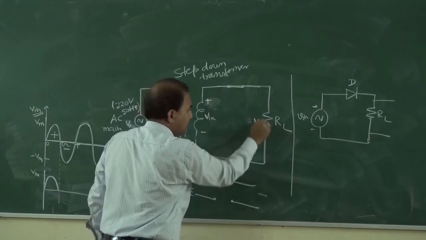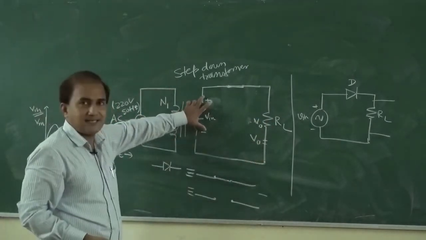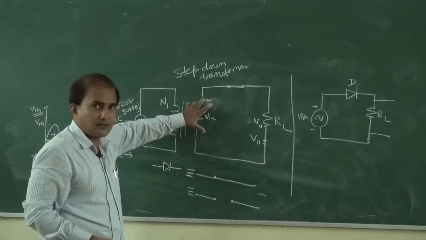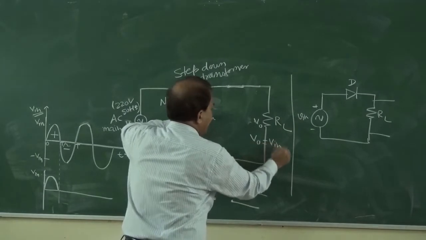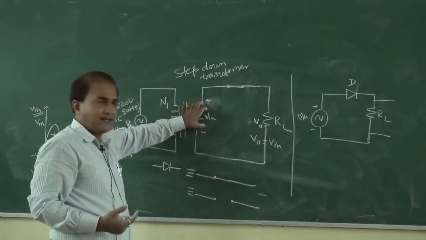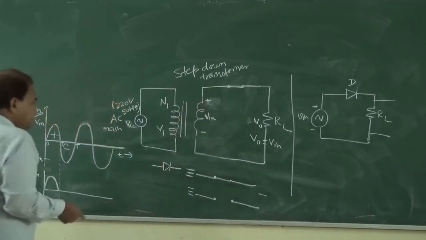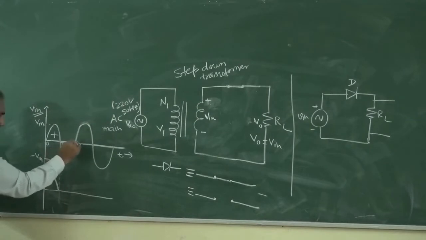All the voltage, V output, will be equal to the voltage appearing across this. So V output will be equal to Vin, the secondary voltage, that is Vs or V2.